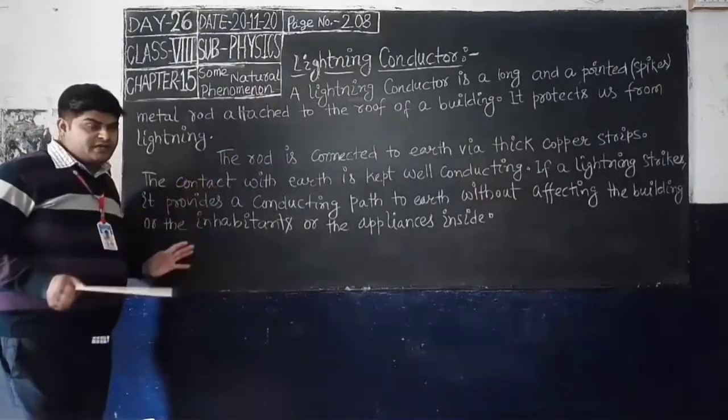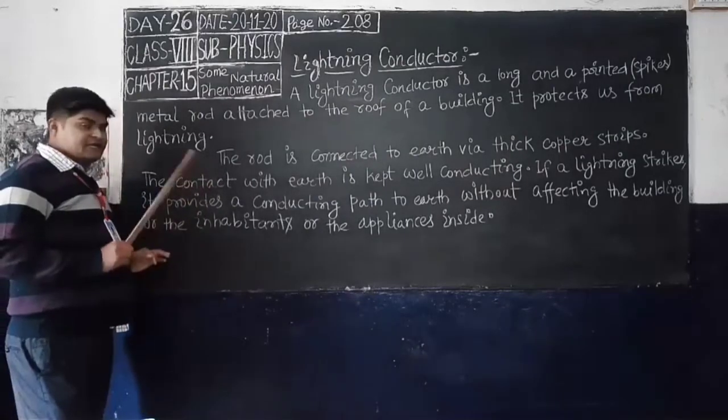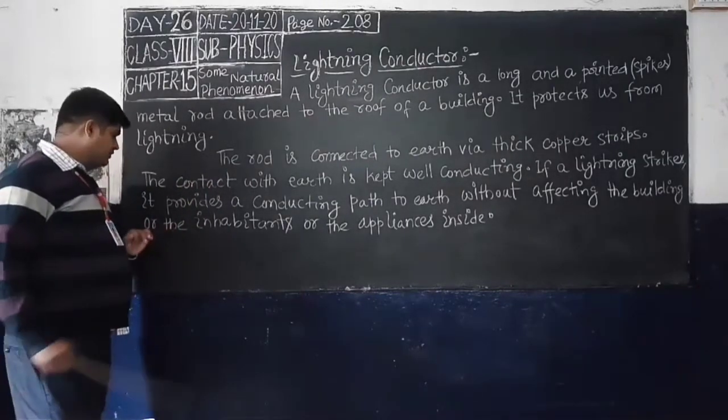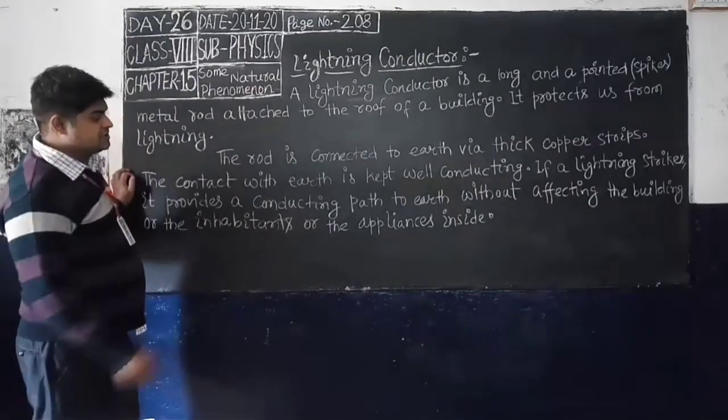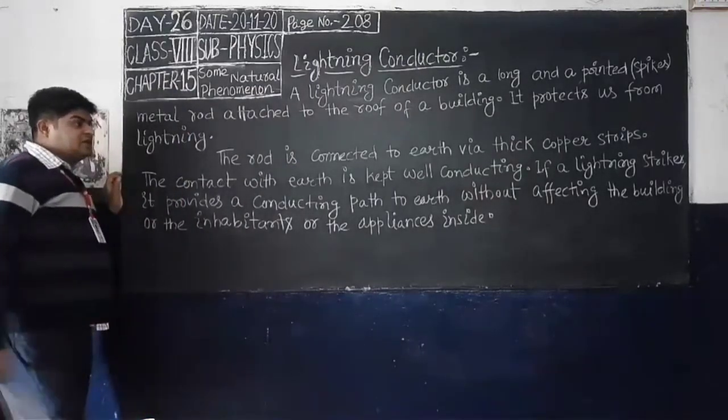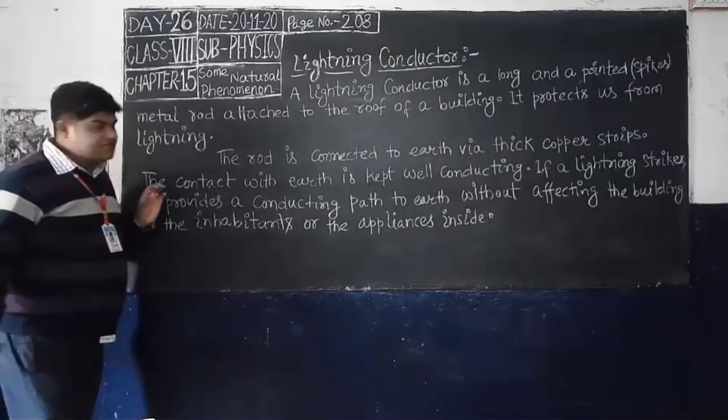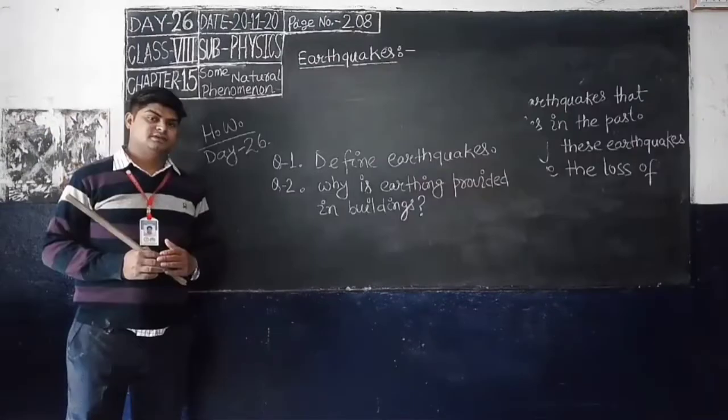There is no damage to the building, or to the inhabitants or the appliances inside, due to the presence of the lightning conductor on the roof. So the lightning conductor protects our building and our electrical equipment.